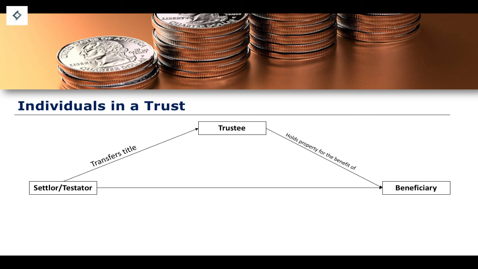And what this essentially does is split what is legal and equitable interests in the same property, because ultimately the trustee holds the legal title of that property and the beneficiary will hold the equitable title or equitable rights in that property. And so what a settlor or a testator is doing in creating a trust instrument is dividing the legal and equitable rights over a piece of property between a trustee and a beneficiary.